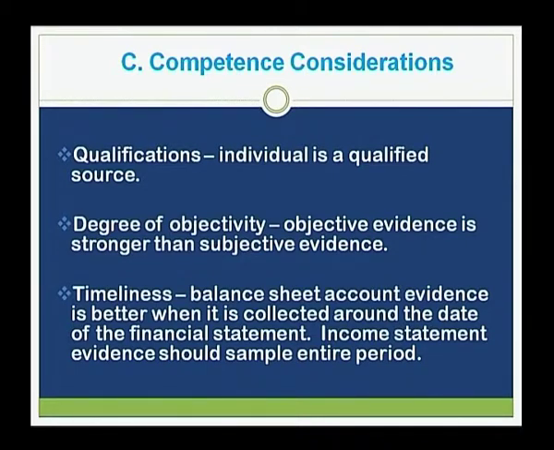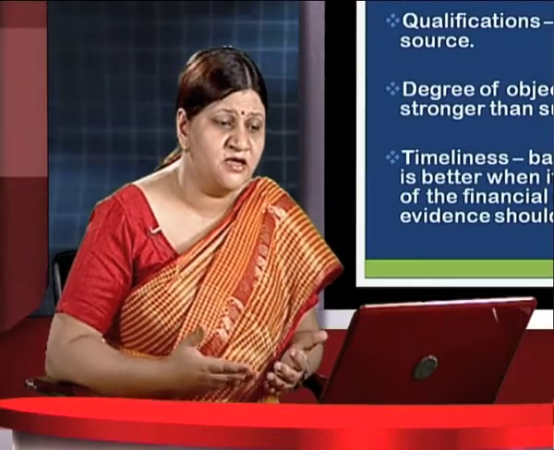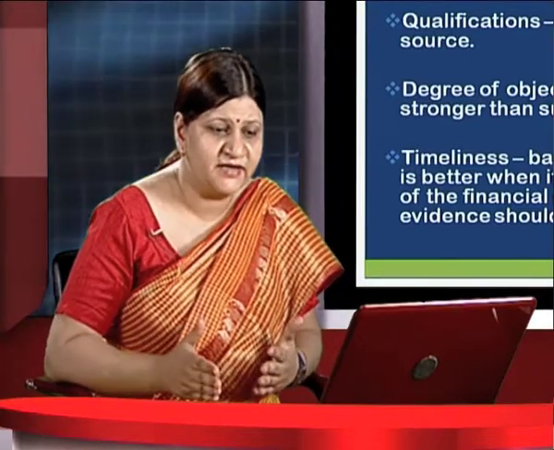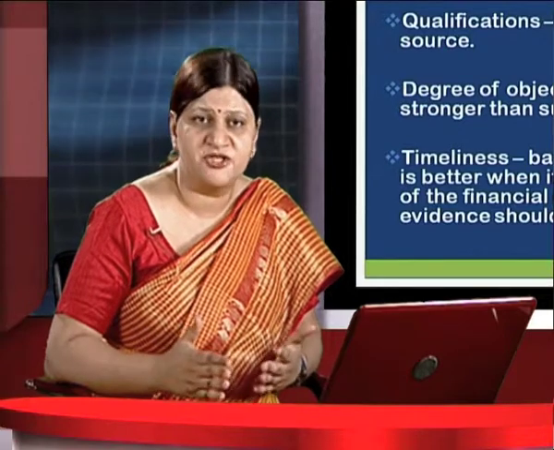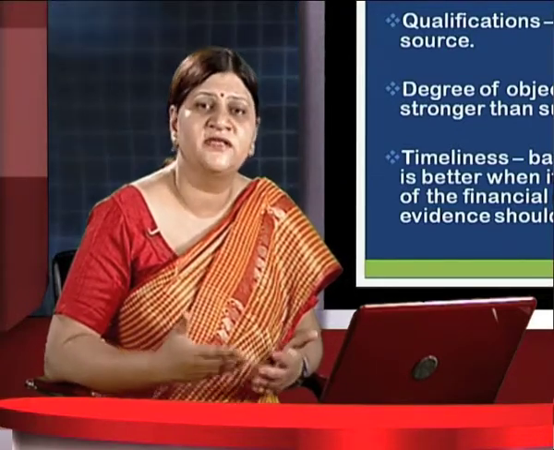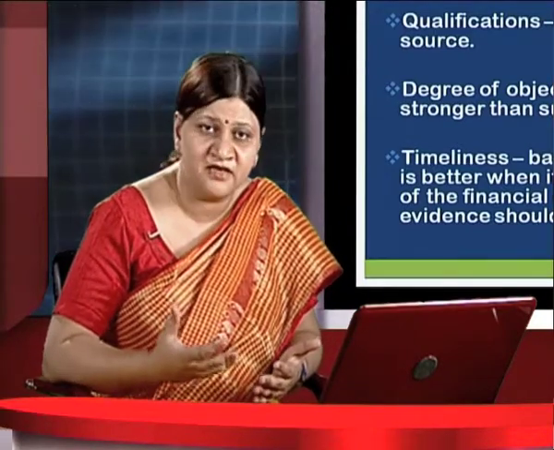Now here we want to say that balance sheet accounts are assets and liabilities. So any audit evidence being collected for the balance sheet accounts, that is for assets and liabilities, should be collected near the date of the financial statement, that is near the ending date or as on the 31st March, where confirmation in relation to the closing balance can be taken care of.